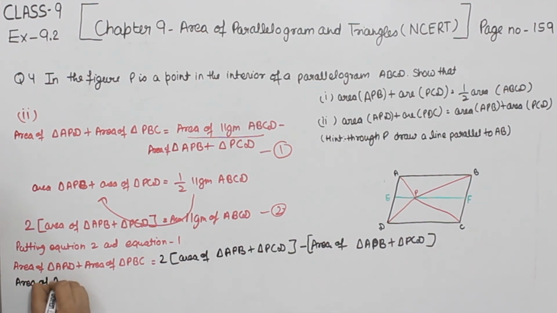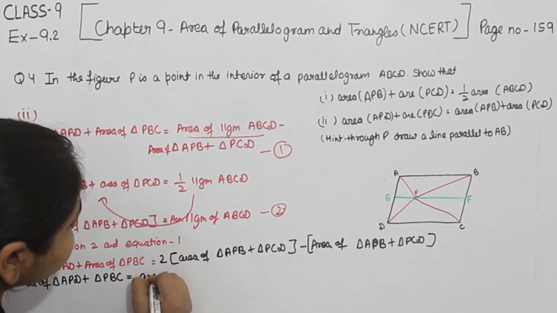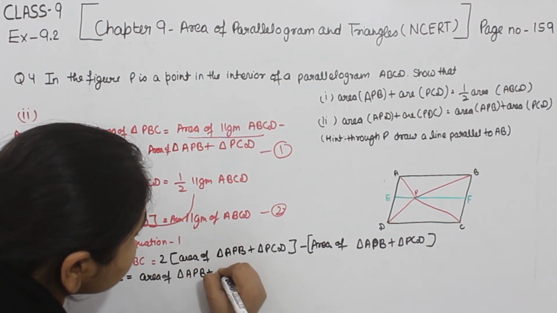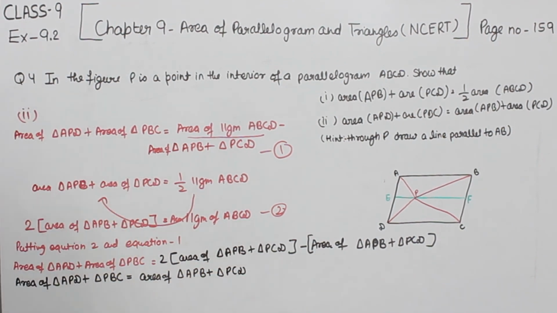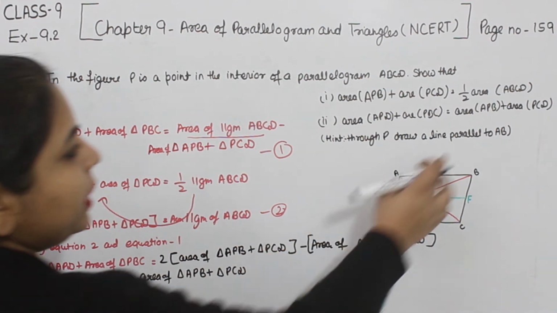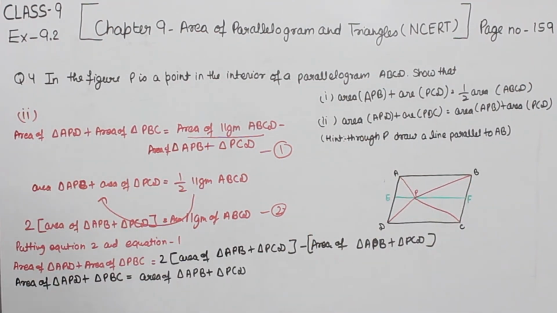So the area of triangle APD plus triangle PBC is equal to the area of triangle APB plus triangle PCD. So this one we have proved. This is part 2. With this we have completed question number 4. In the next video we are going to start with question number 5.